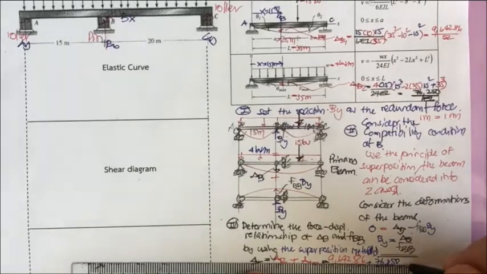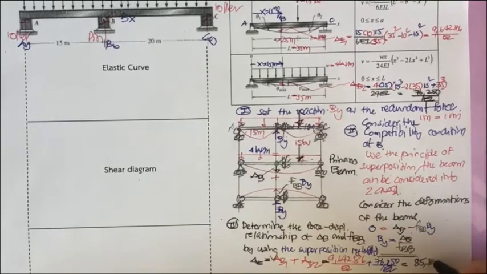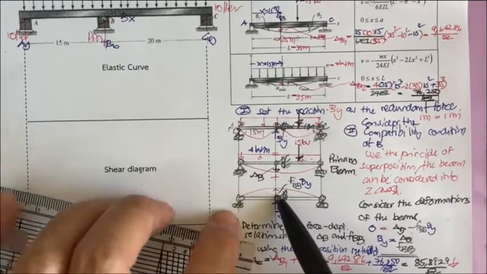And finally, you get this big number of 85,892.9 divided by EI. And its direction is going to be downward.